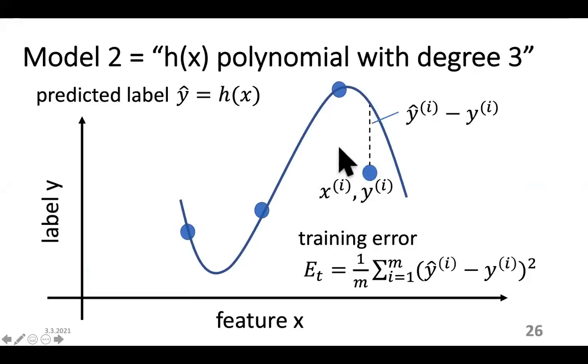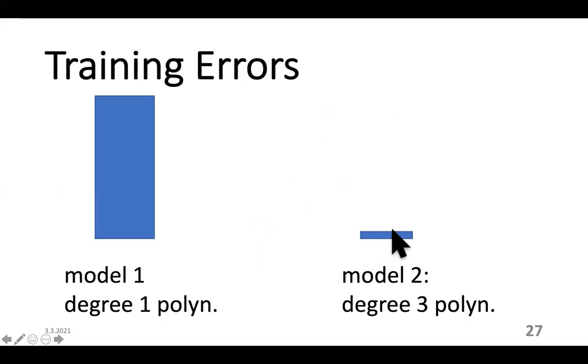However, if I use a polynomial with very large degree, in particular if the degree is as large as the number of data points, then you can use a basic result of mathematics that tells you that you can perfectly fit almost any set of data points with such a polynomial. So you get the training error to 0 for large enough degree.